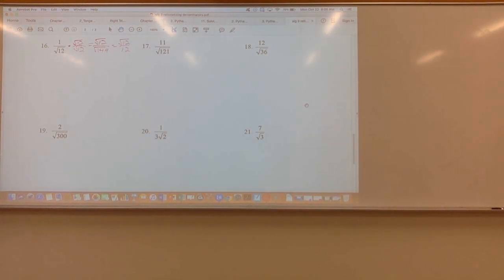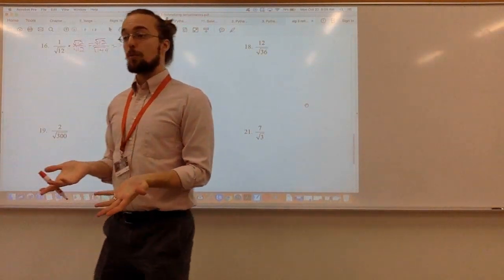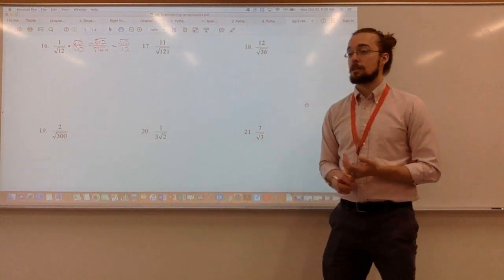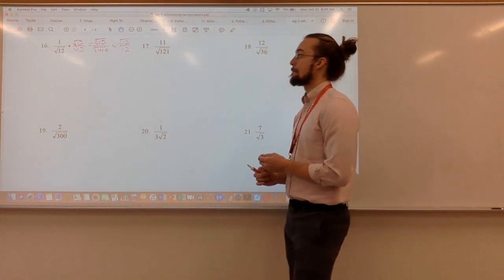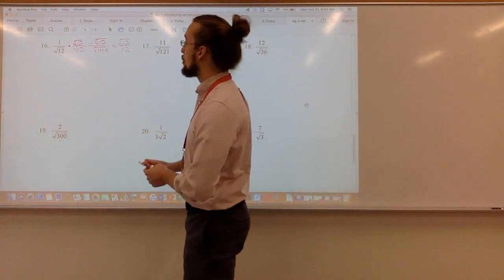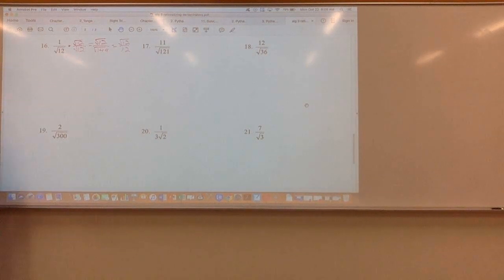But on this one, we need to do a little bit more simplifying. It doesn't appear that we would right off the bat. It's not just going to be 1 because the square root of 12 and 12 are different numbers.